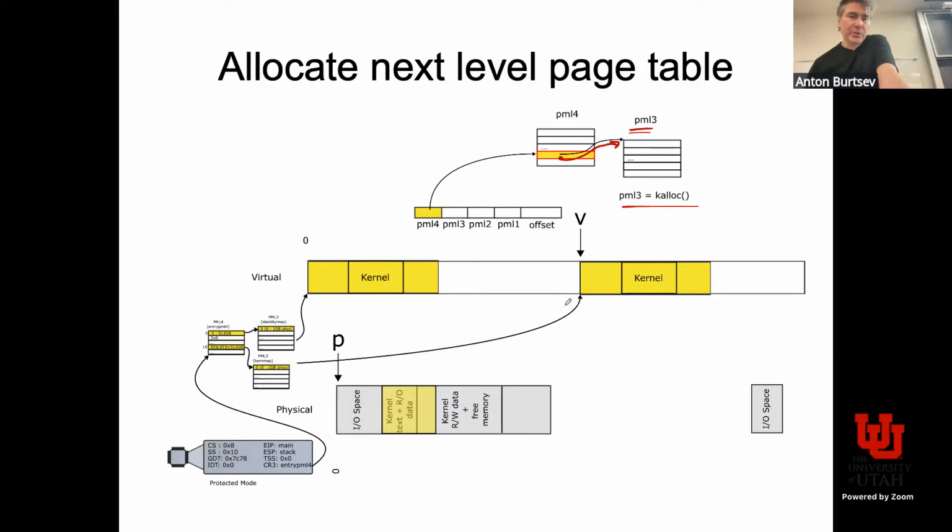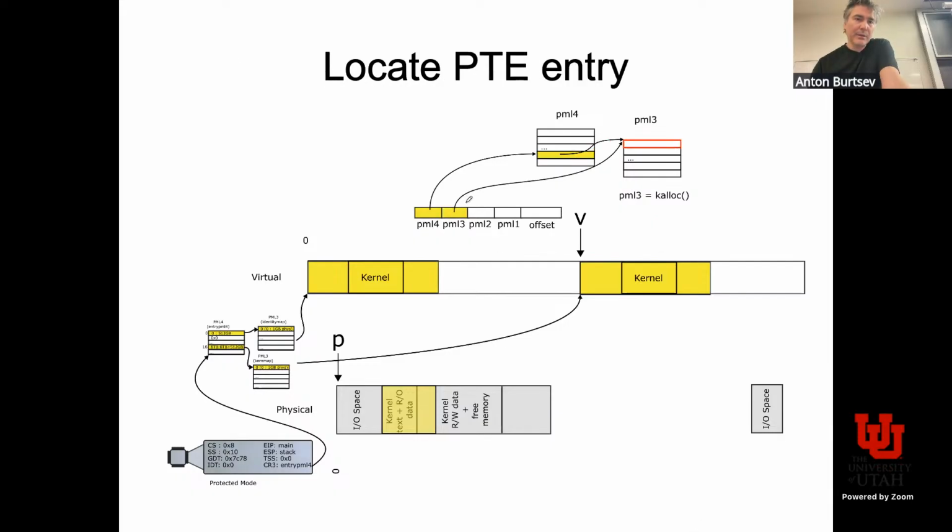And then, what are we doing next? Then we take the next 9 bits and they will point us to the entry inside this PML3 page table. And again, there might be 2 cases. Maybe the next level is already allocated or not.